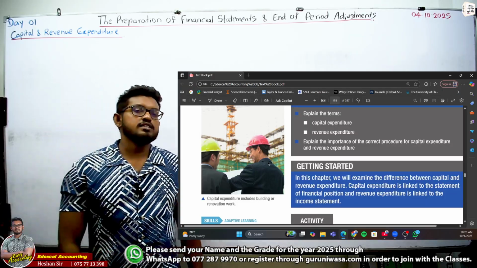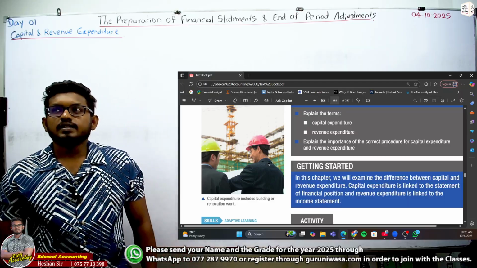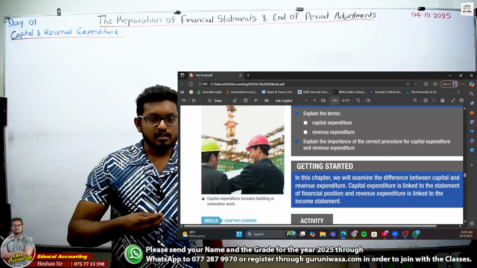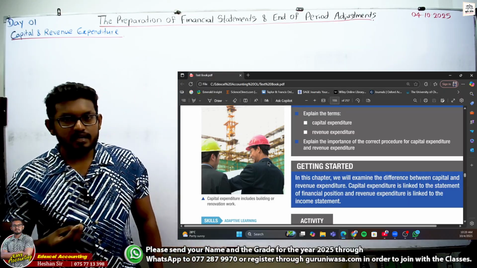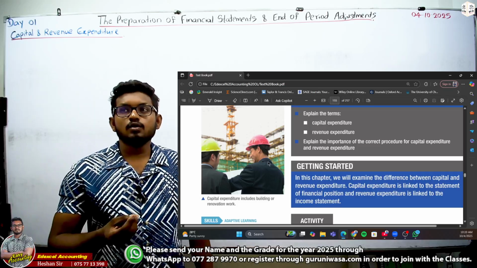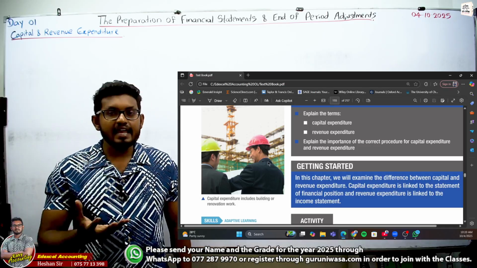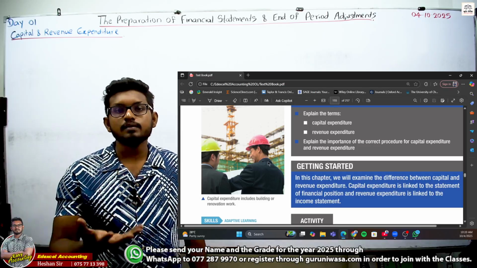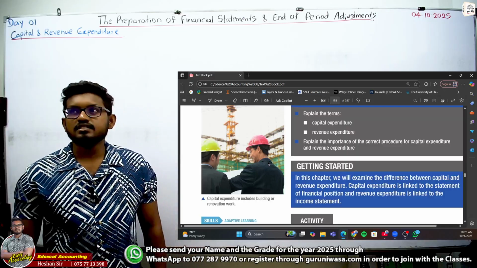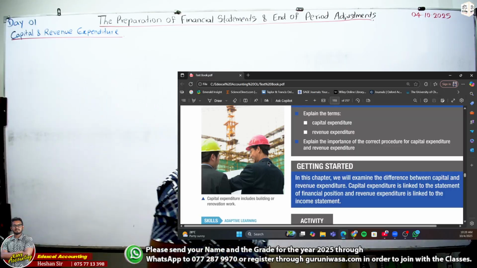Capital expenditure means sometimes we spend some money to acquire something, or to enhance the capacity or the development of those assets. These things we consider as capital expenditure.